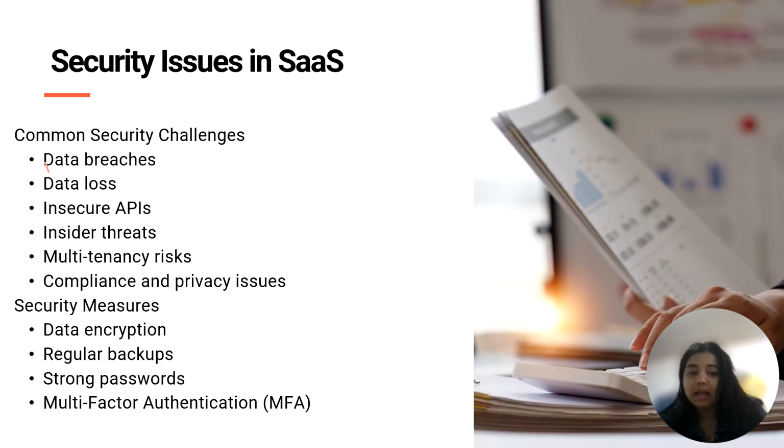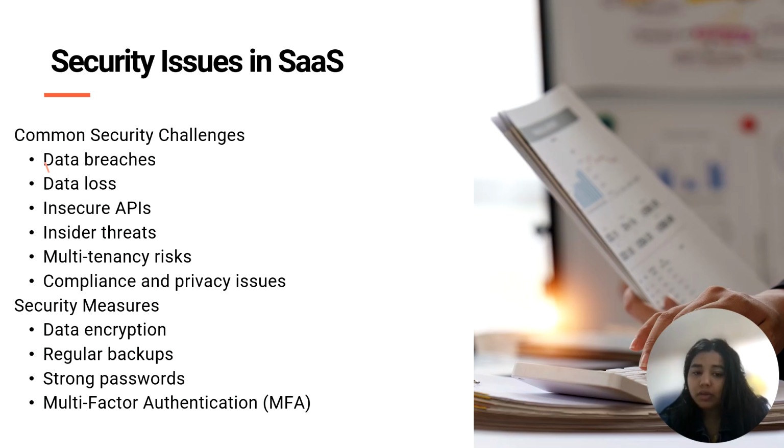Security issues in SaaS. Although SaaS is convenient, it also has several security challenges. One major issue is data breaches, where sensitive information may be accessed by unauthorized users. Another issue is data loss, which can happen because of cyber attacks, accidental deletion, or system failures.